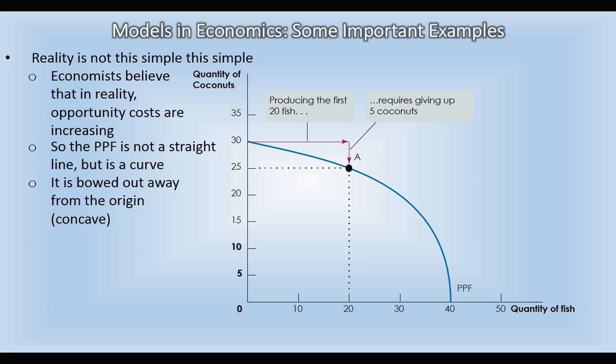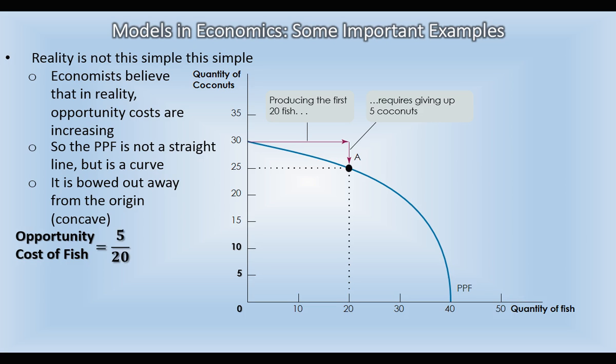So initially, let's say we are at the intercept again from this curve, meaning that if we use all of our productive resources, we can produce 30 coconuts. But then, we're like, we want some fish. Coconuts are boring. So producing the first 20 fish means that you're giving up 5 coconuts. And that's not too bad, given that you've got some resources that you can finally dedicate to fish production that were just sitting around being used for coconut production. So in this case, the opportunity cost of fish is going to be a ratio, and the numerator is going to be the amount of coconuts that you are giving up, because the opportunity cost of fish is in coconuts.